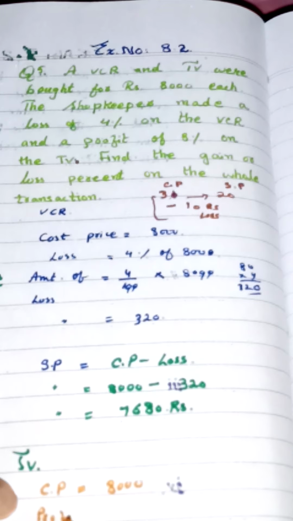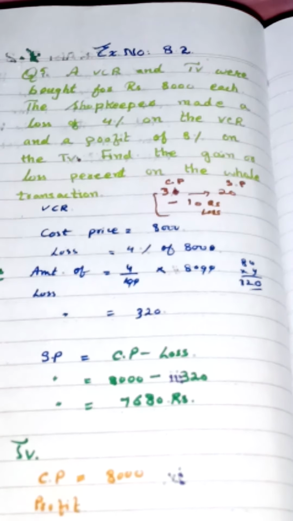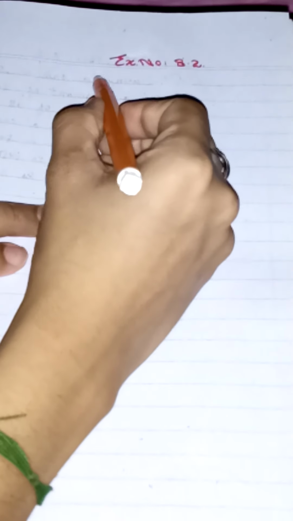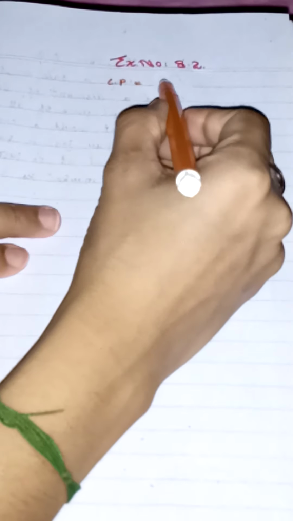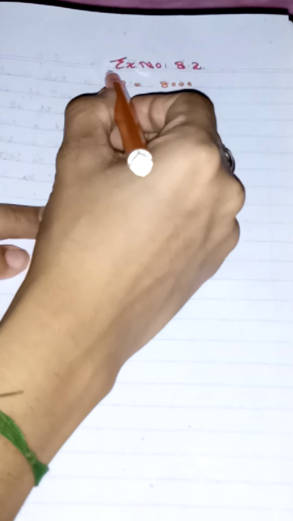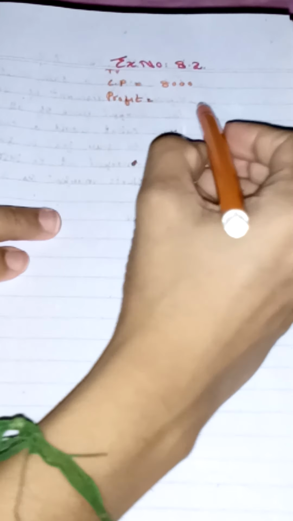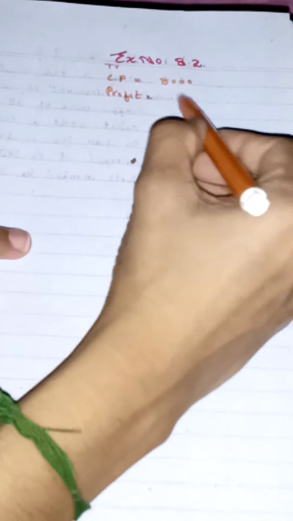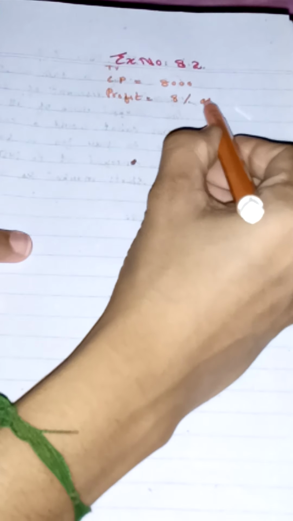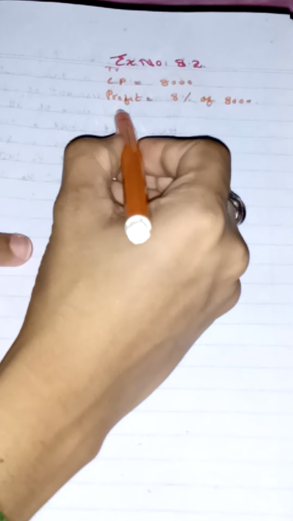Profit is given as 8%, 8% of 8,000. Always calculate on cost price. Now find the amount of profit.